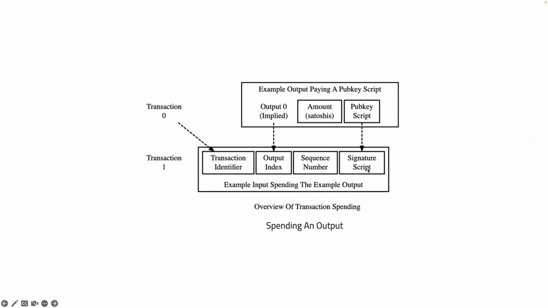In this case, it corresponds to calling the public function of the smart contract, and the arguments you pass to it. If these arguments, when evaluated on this public function, return true, that means the key is correct, so this UTXO can be spent in this transaction input.